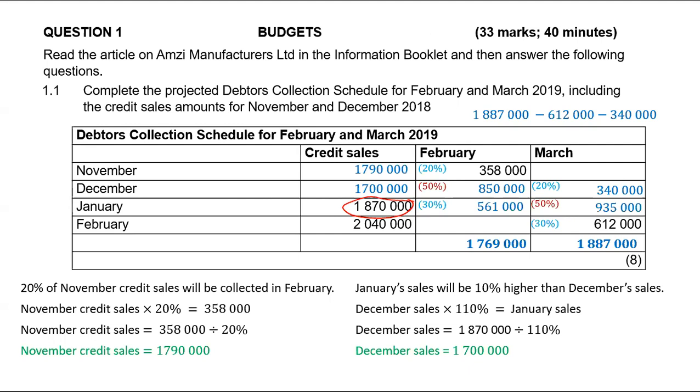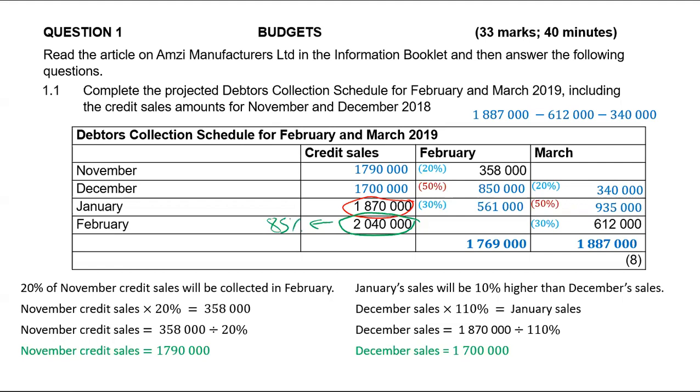So in February, I'm only given credit sales. That's all I've got. I need to calculate cash sales from those credit sales that are given. Now I know that this credit sales represents 85%. The other 15% will be cash sales.